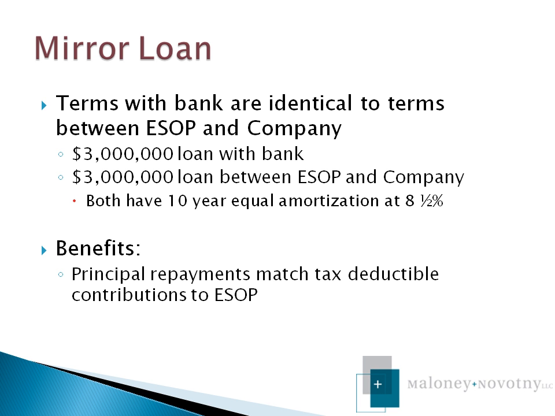So it's pretty clear why that would be called a mirrored loan, and that's typically set up so your principal payments can match your tax-deductible contributions. As the company makes contributions into the ESOP and the ESOP can repay that loan, those payments match each other, and that's where the mirrored loan term comes in.